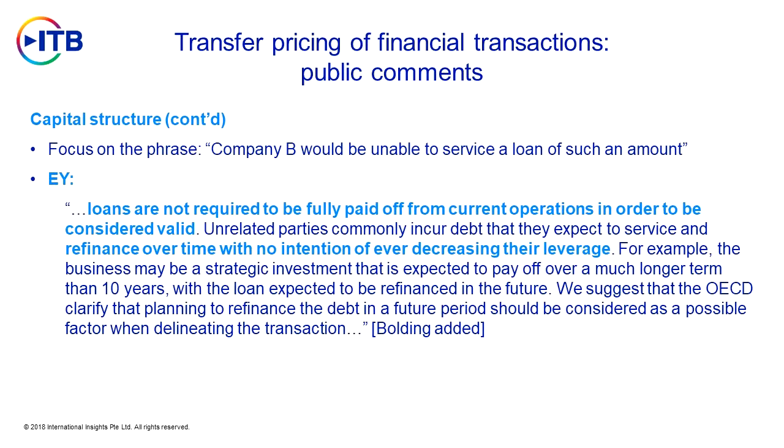For example, the business may be a strategic investment that is expected to pay off over a much longer term than 10 years, with the loan expected to be refinanced in the future. We suggest that the OECD clarify that planning to refinance the debt in a future period should be considered as a possible factor when delineating the transaction.